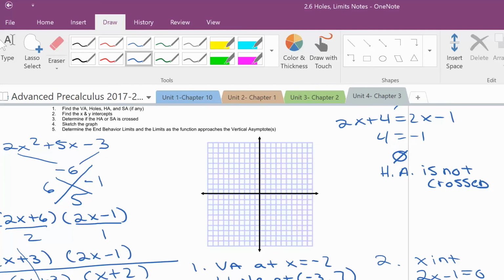So when you graph, you got a vertical asymptote at x equals negative 2, a horizontal asymptote at y equals 2, the x-intercept of 1/2, 0 right there, and the y-intercept of 0, negative 1/2 there, and the hole at negative 3, 7, which is right there.